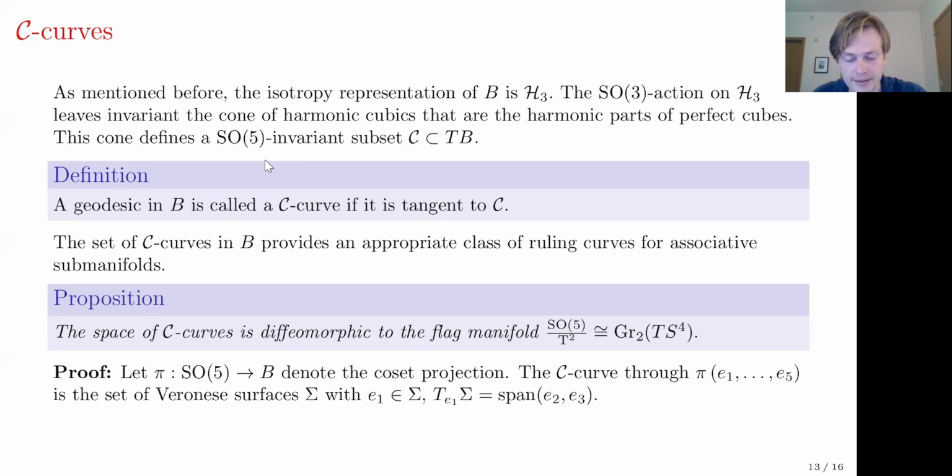So here we're thinking of this E1 through E5 as an element of SO(5), so we're thinking of SO(5) as being matrices. These E1 through E5 are the columns of the matrix in SO(5).